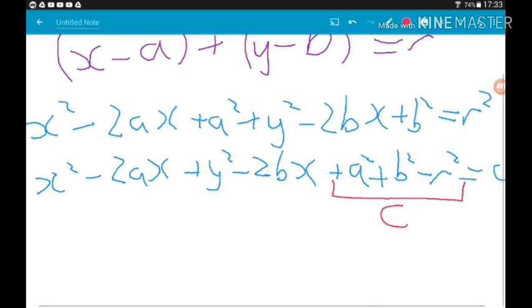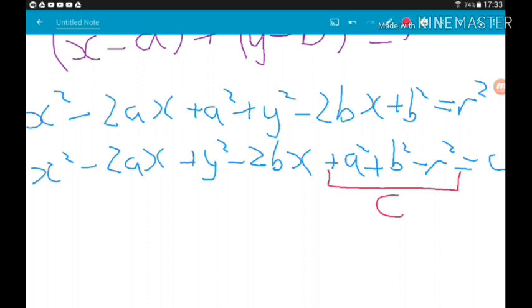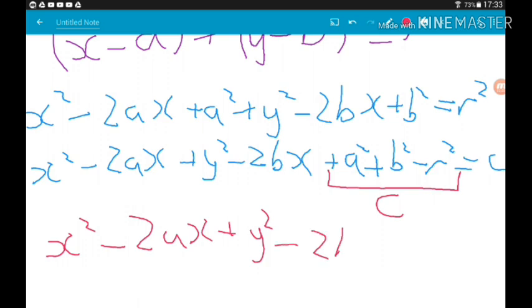So we can again rewrite this as x squared minus 2ax plus y squared minus 2by plus c is equal to 0. So what we're going to be looking at is starting with equations in this form at the bottom and rearranging them into the form at the top.